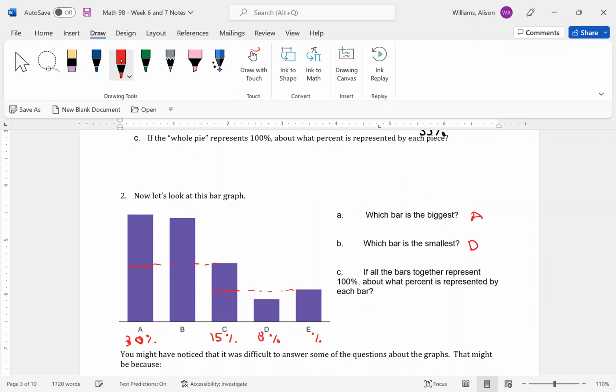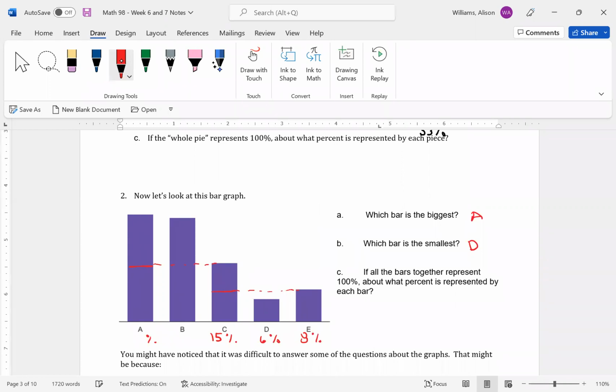So now here I'm going to round that. I'm going to say it's 8%. And then since D is a little bit less than that, I don't know, let's say it's 6%. Okay, so let's see where that lands us. 30 plus 15 plus 6 plus 8, that lands me at 59%. Still too small, but we're getting warmer.